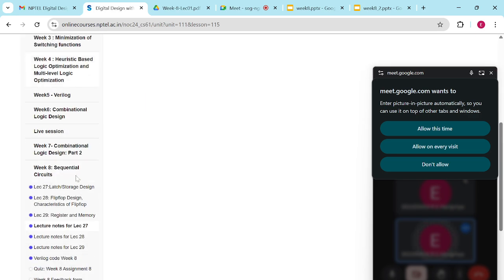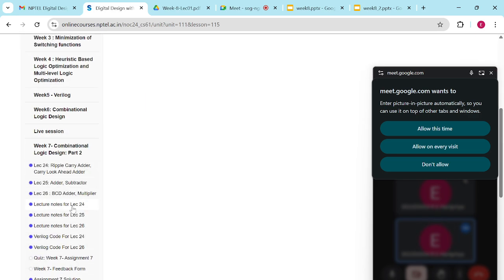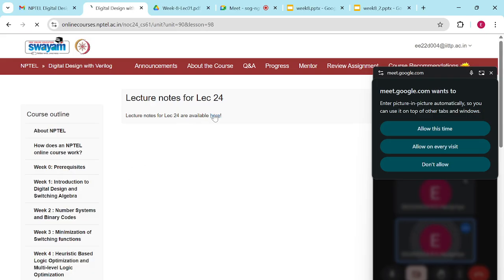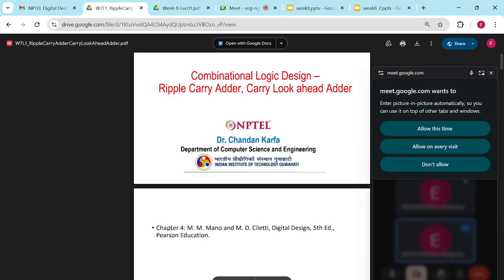I don't know about sequential, but for combinational, I remember seeing it. Before the starting of every class, the book name is mentioned in the chapter. You can refer to that.